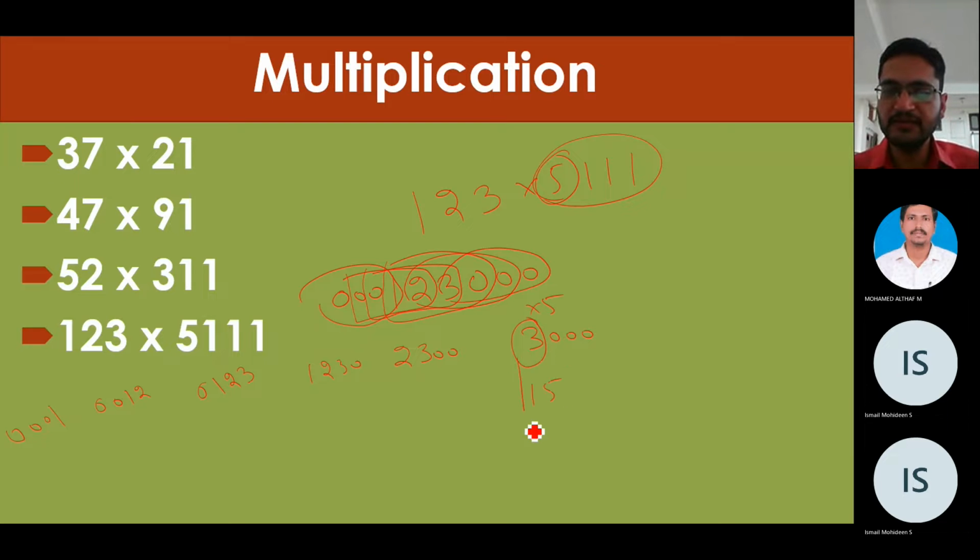So we will get 15. Multiply with 5, 10 plus 3, 13. 5 into 1, 5, plus 2 plus 3, 10. Multiplying with 5, 0 plus 1 plus 2 plus 3, that is 6.